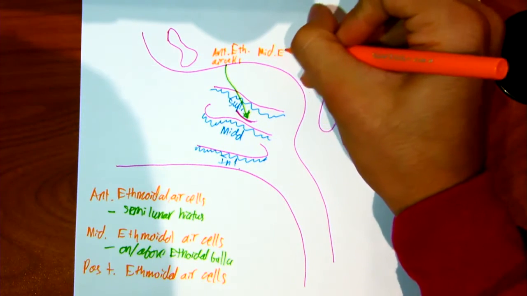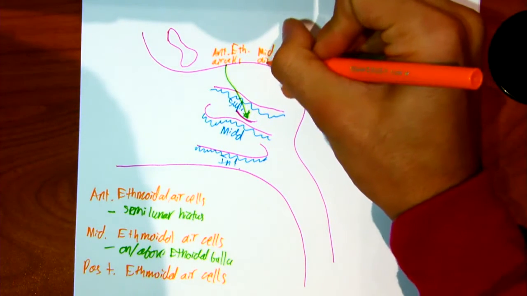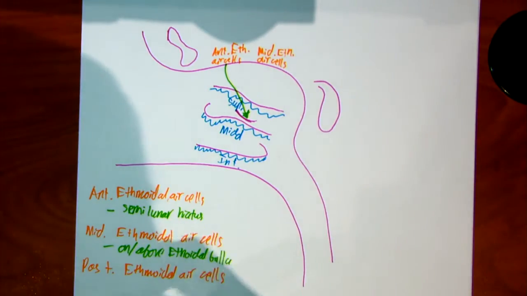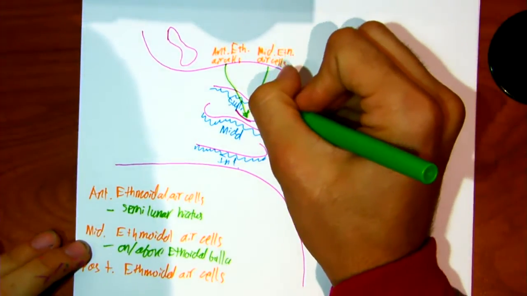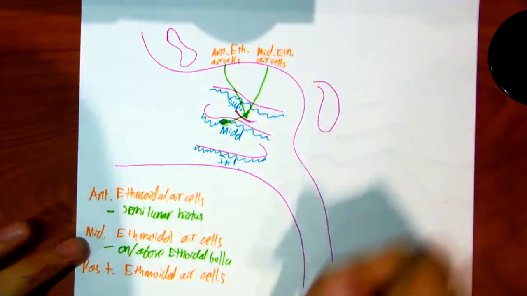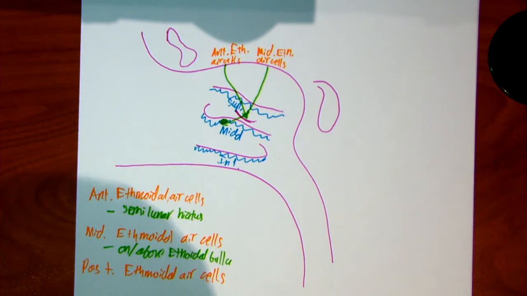So the middle ethmoidal air cells will drain into the ethmoidal bulla. Relatively speaking, the ethmoidal bulla is more anterior than the semilunar hiatus.